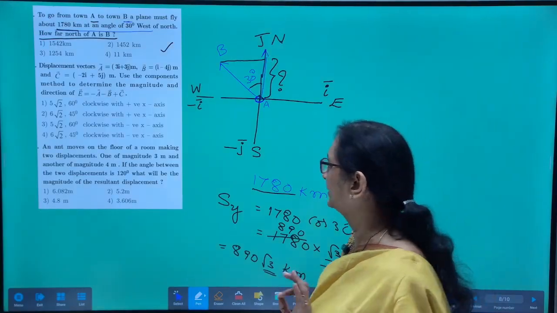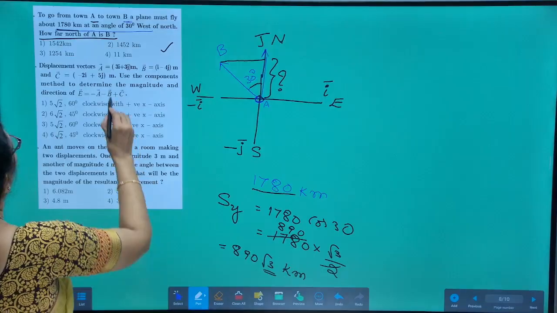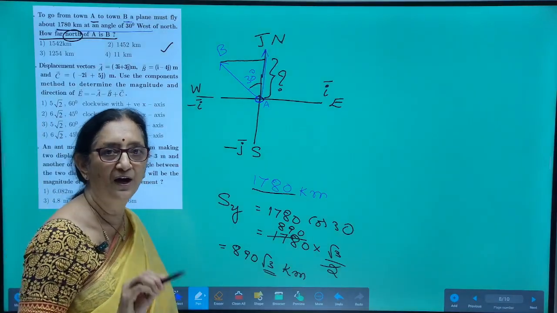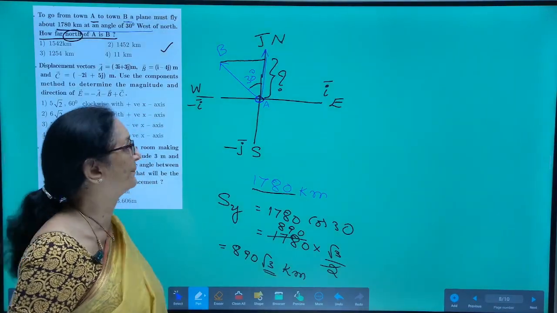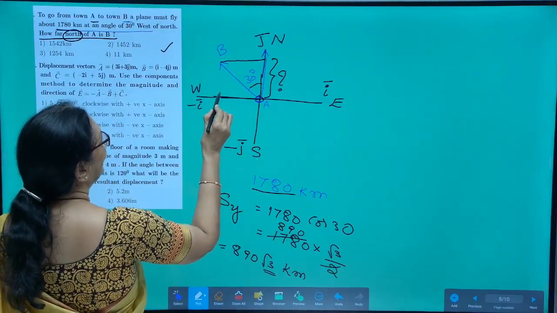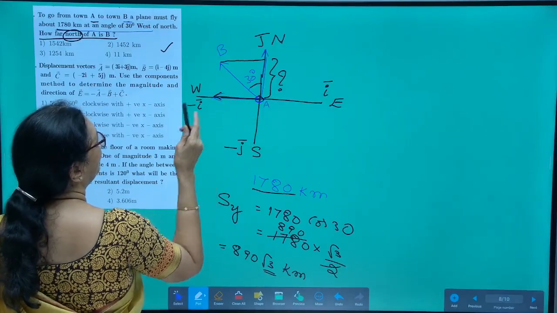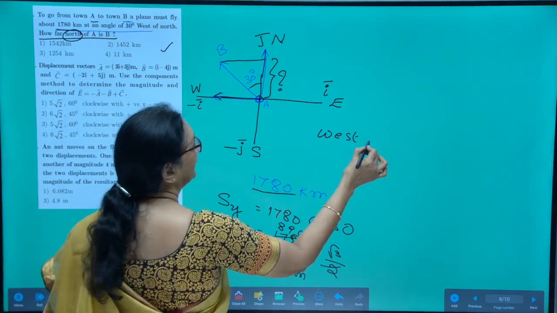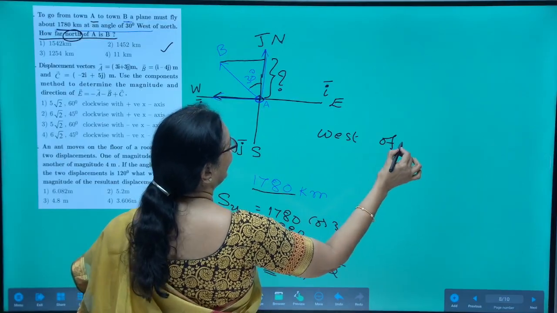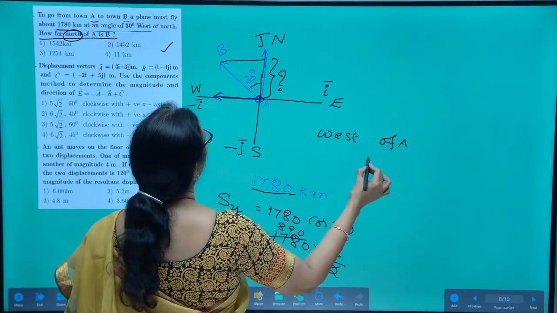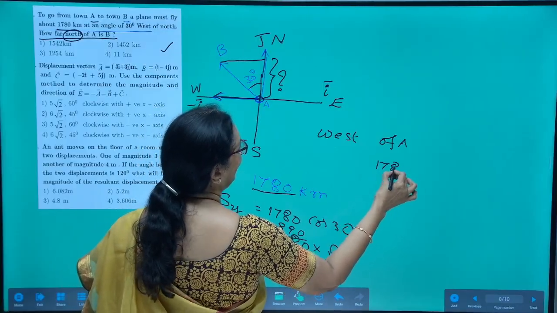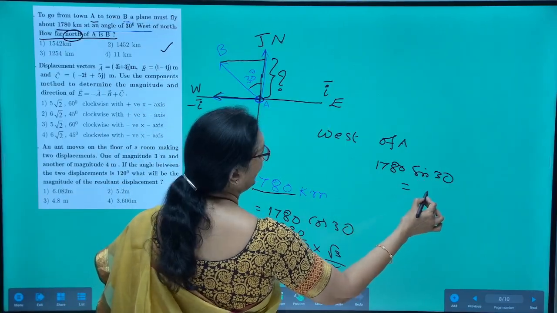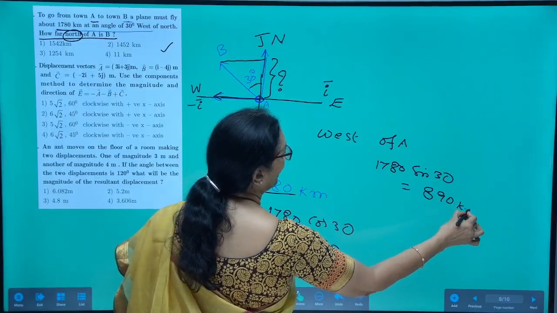In the same question, instead of asking how far north of A is B, suppose he asks you how far west of A is B, then you are supposed to find this component, west of A. Then you will be getting it as 1780 component along the opposite side into sin 30, simply that becomes 890 kilometers.